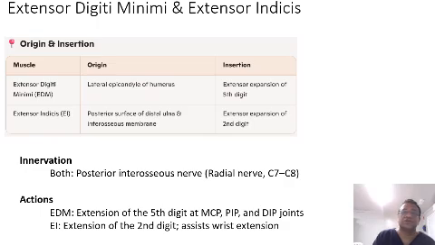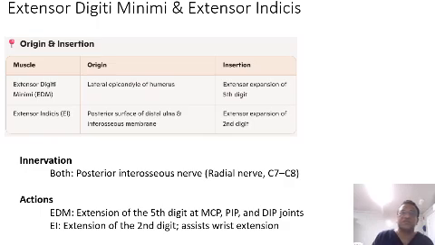So EDM, extensor digiti minimi, extends the fifth digit at all joints, MCP, PIP and DIP, and assists in wrist extension also. Extensor indicis extends the index finger independently and also contributes to wrist extension.